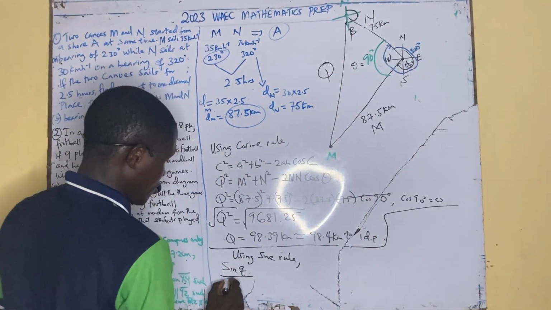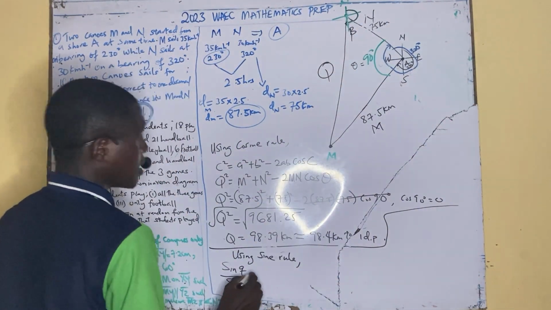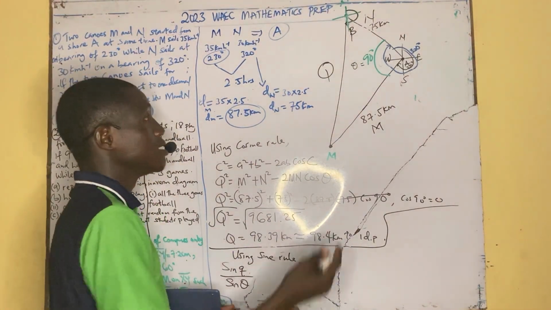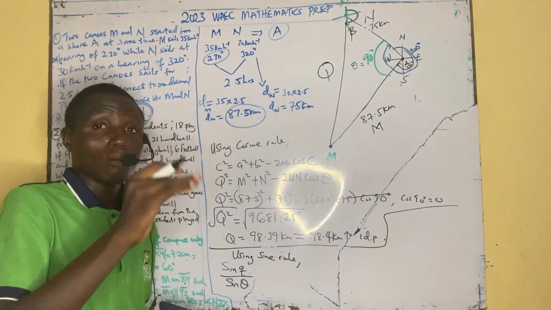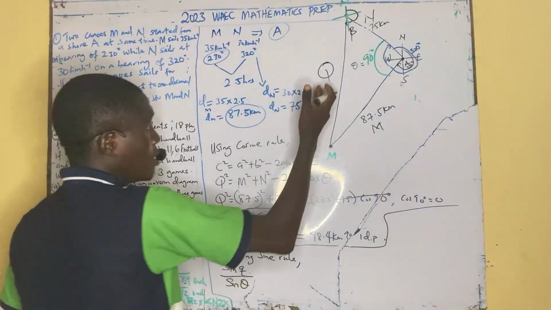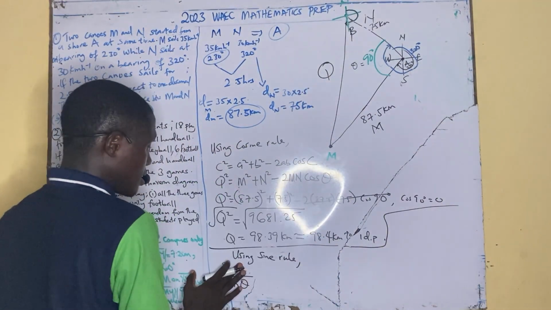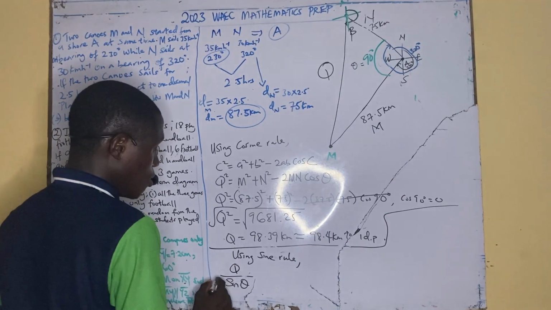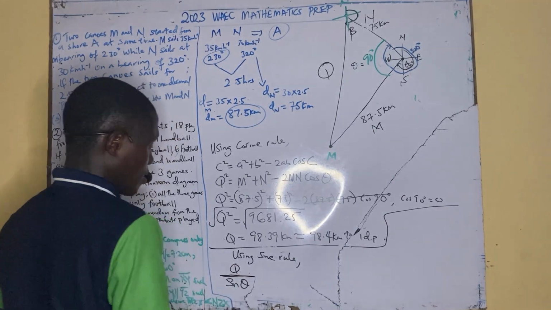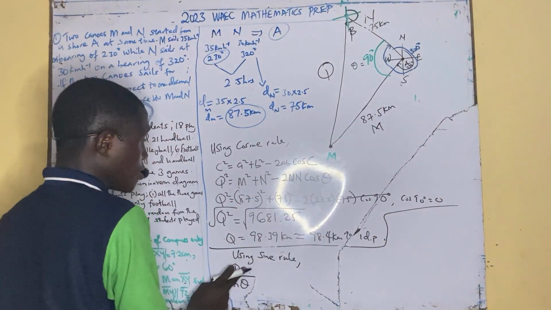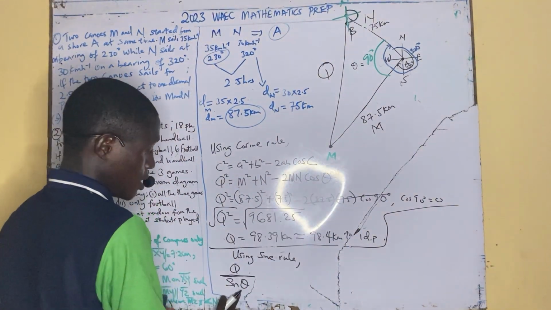Please note that the letter you are using here doesn't matter much, compared to the formula itself. Normally it's supposed to be sine A over sine B, but I'm not having A here. I'm only having Q here, so I can say side Q all over sine theta. That is the side Q all over the angle of Q.